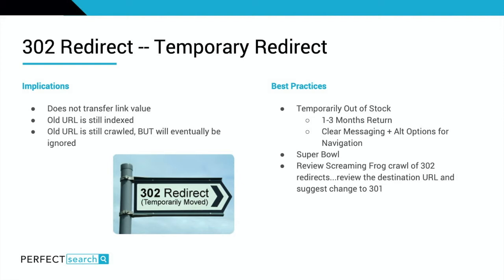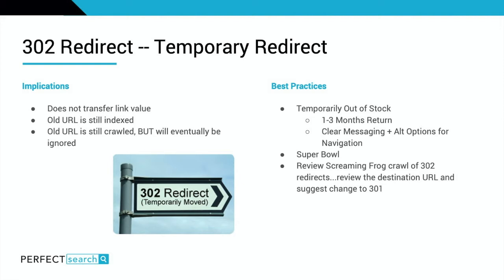Going back to that e-commerce example, if you have a product page that is maybe temporarily out of stock and you don't want to get rid of that page altogether, that could be a really good use case for using a temporary redirect. If you have any seasonal or occasion landing pages, maybe you have a super sale around the Super Bowl, and it's not a page that you need year round, you could redirect that to a different seasonal page if necessary.